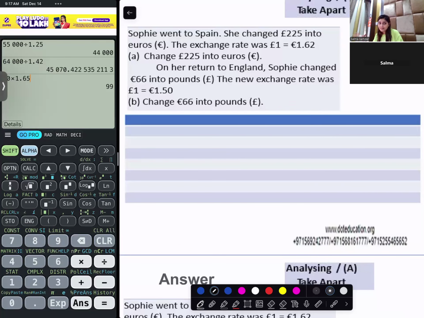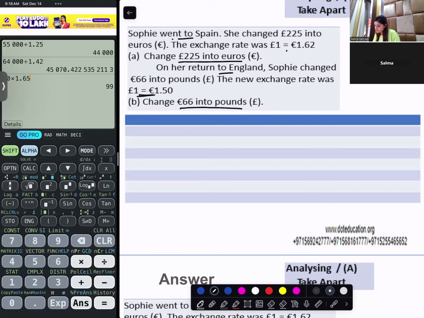Pause, try, come back. Sophie went to Spain. She changed £225 into euros. 1 pound is 1.62 euros. On her return to England, Sophie changed 66 euros into pounds. The new exchange rate was 1 pound is 1.50 euros.